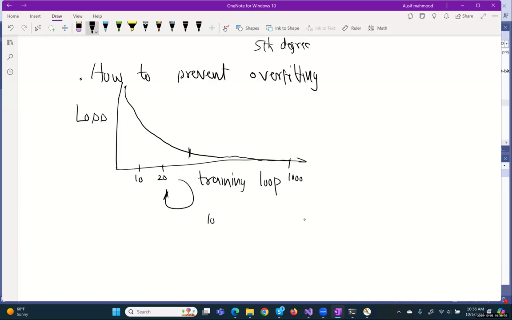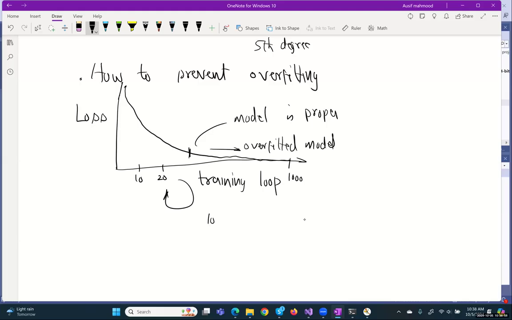Let's pretend over here the model is proper, and if we keep training it more, then this is where we will end up with an overfitted model, which will do a good job on the training data, but a poor job on the unseen data, or the test data.